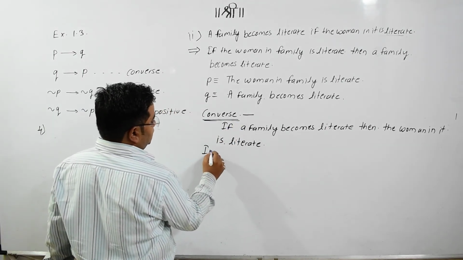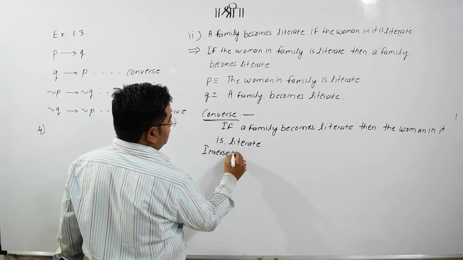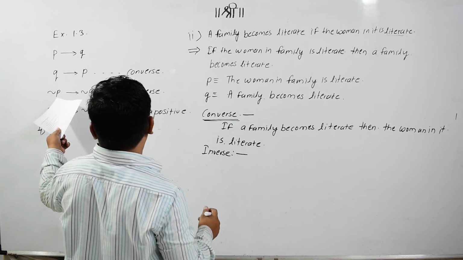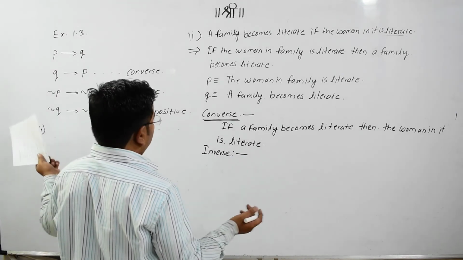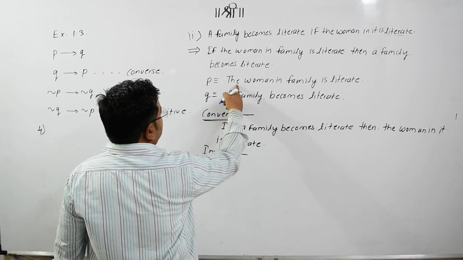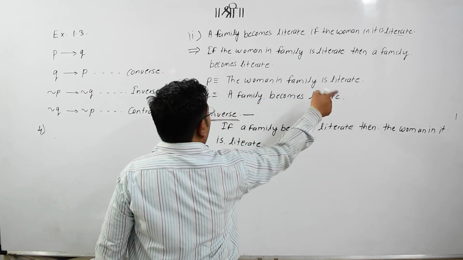And then next, what is inverse? Inverse of the statement requires negation of P, negation of Q. What is the negation of P? The woman in the family is not literate.